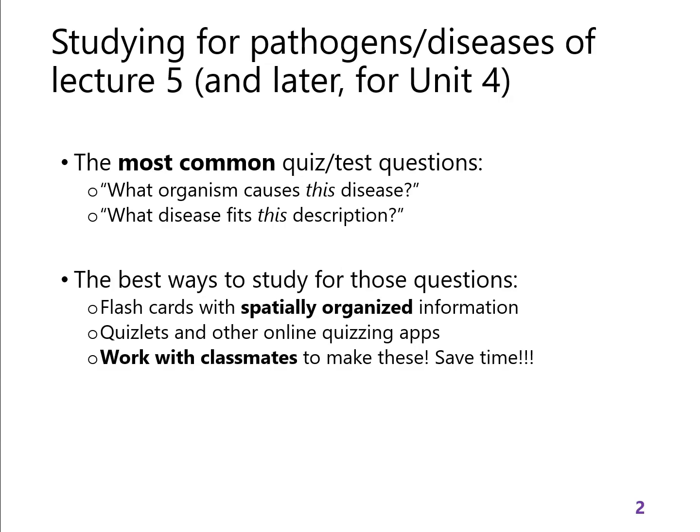In the lower left, you might have something like common treatments or prevention. And then on the other side, you have the name of the disease, or something like that. And the point of that is that with one card, you can cover up part of it and test yourself on that one thing, or you can cover up all but that one thing and test yourself on it. You just have a lot of options for how to study once you've made those.